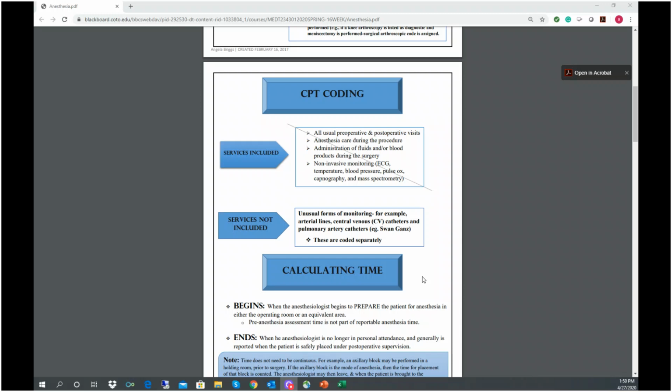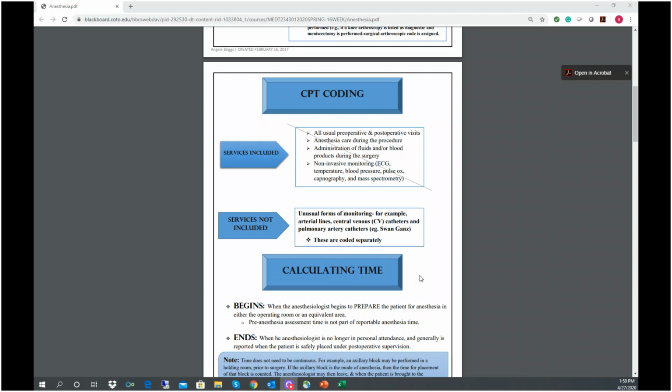Services not included, meaning that you can assign these separately, are unusual forms of monitoring, for example, arterial lines, central venous catheters, and pulmonary artery catheters, such as Swan-Ganz, and these are coded separately.